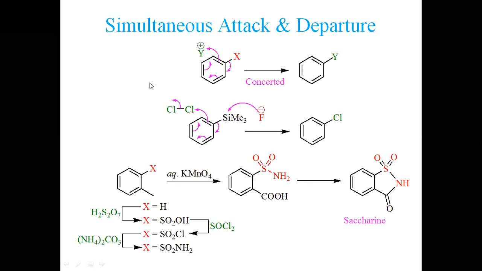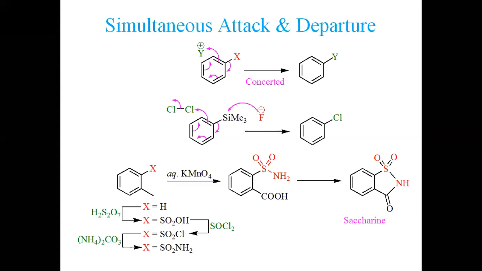Right? So the electrophile is involved here. So what is the order of the reaction in this case? This is second order as well, but it is not following the formation of an intermediate. This is the only difference.